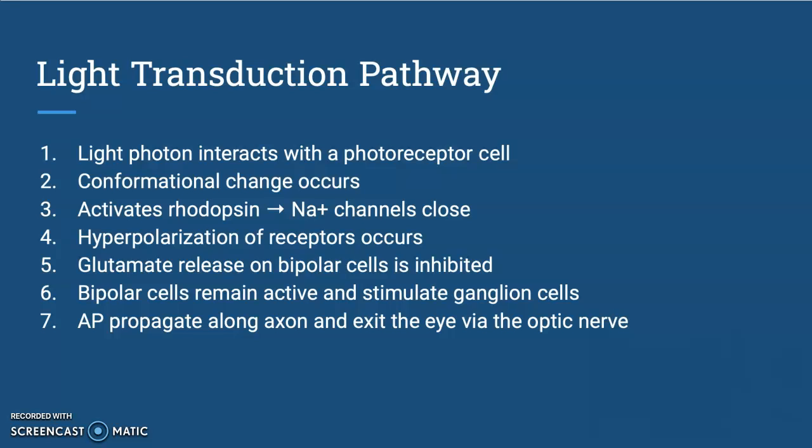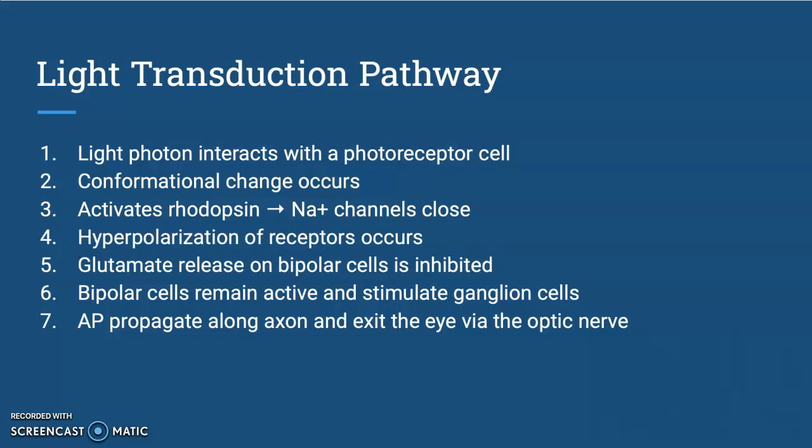In the inhibition of the release of glutamate, the bipolar cells will remain uninhibited and will remain on. So the bipolar cells will remain active and they'll stimulate the ganglion cells. And this sends action potentials along the axon. And this will be propagated through the ganglion layer and will leave the eye via the optic nerve.